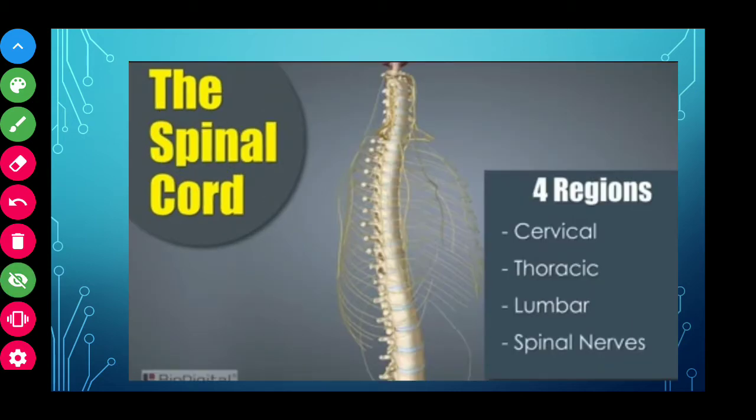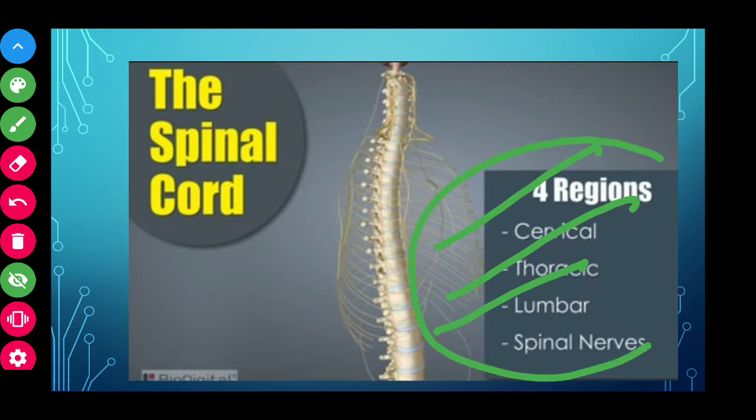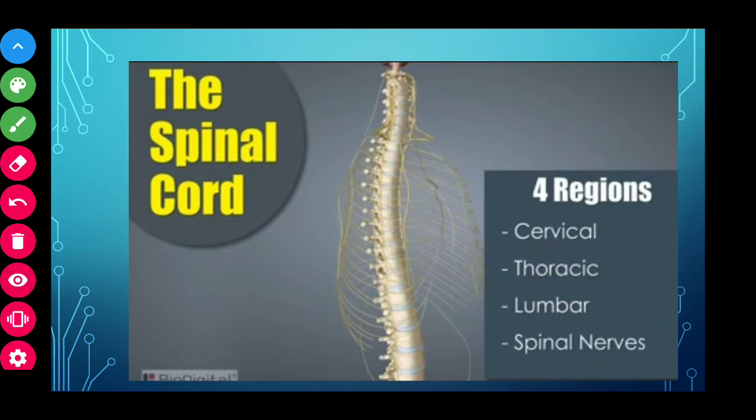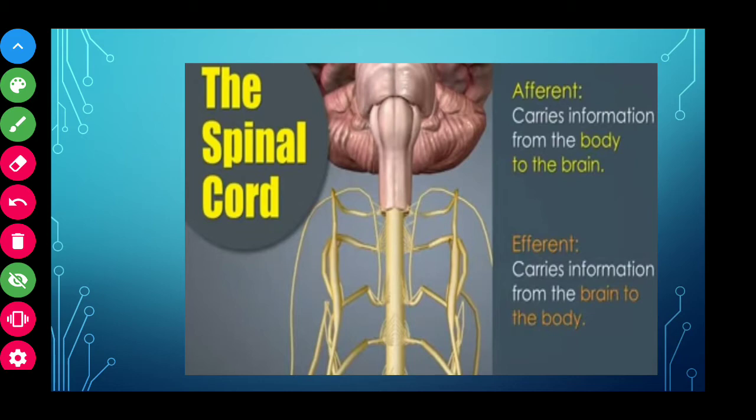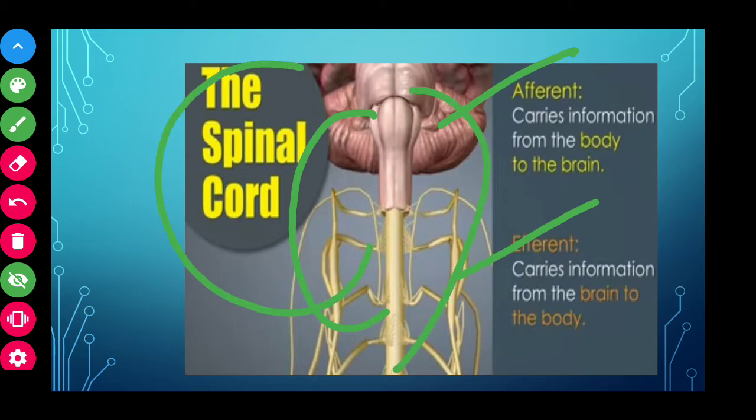It has 4 regions: cervical, thoracic, lumbar, and it has spinal nerves. These spinal nerves are afferent and efferent nerves. Afferent nerves carry the information from the body to the brain, and efferent carry information from the brain to the body.